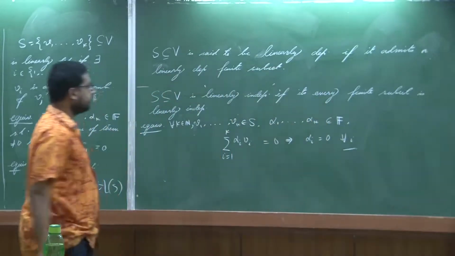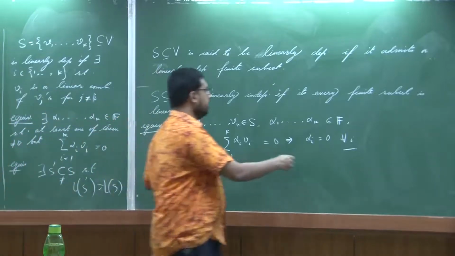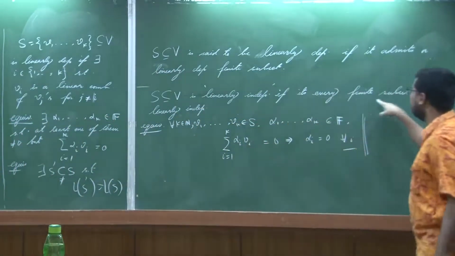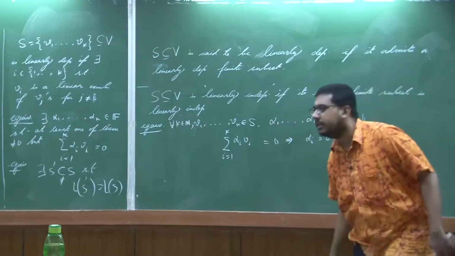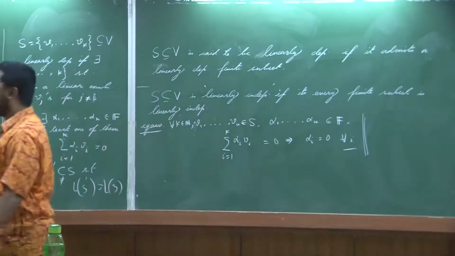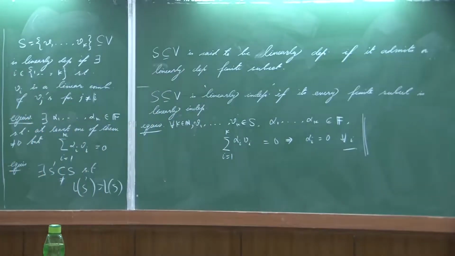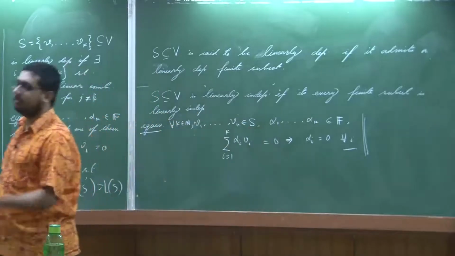So, I repeat what this means: every finite subset is linearly independent. Equivalently, if you choose any finitely many points and make any linear combination out of them, if the combination vanishes, then none of its coefficients is allowed to be non-zero.